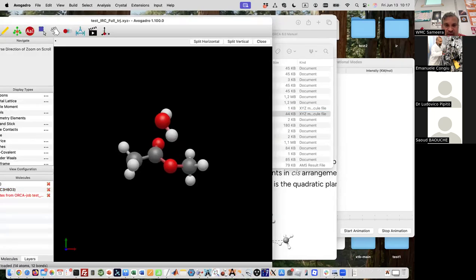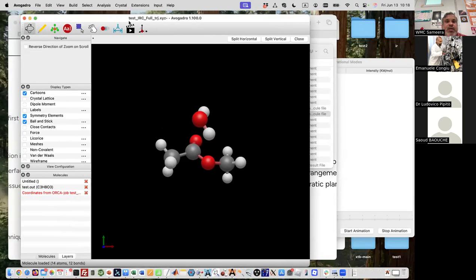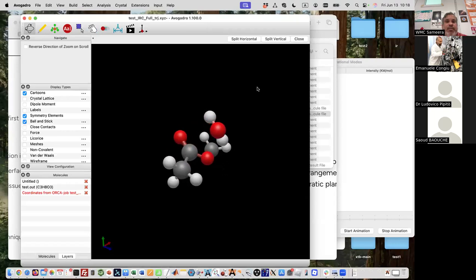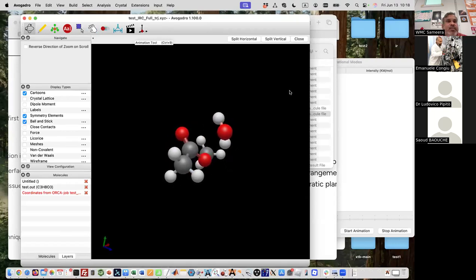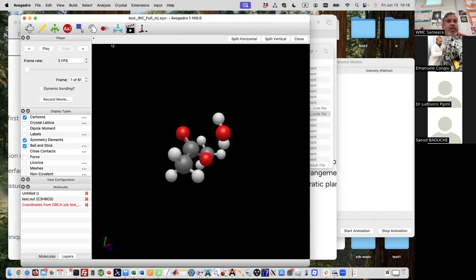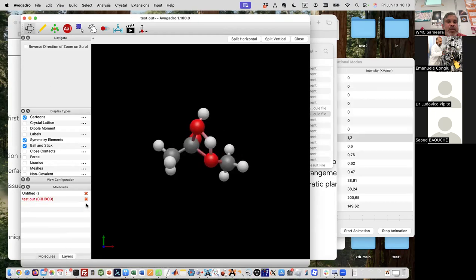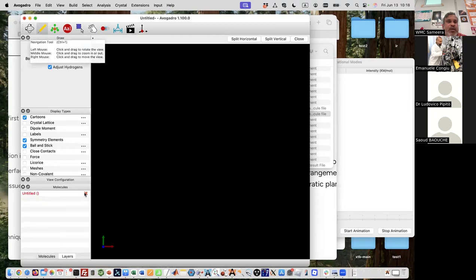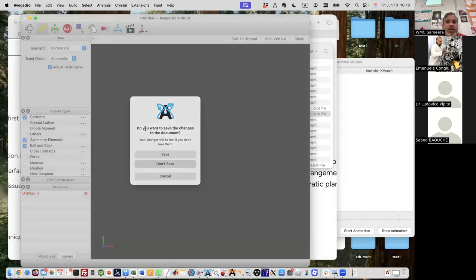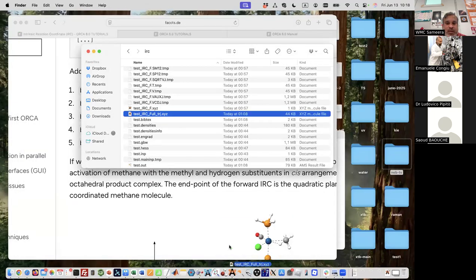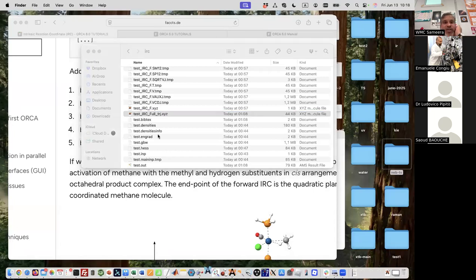If you open this in Avogadro, you can see it has, let me stop the animation.